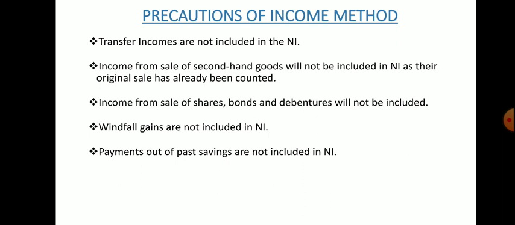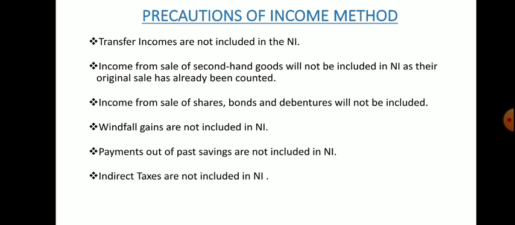This is not a new income, you did not get this 1000 in this year. It is not an additional one. You saved it last year and this year you are using it. Clear? So payment out of past savings should not be included in national income.